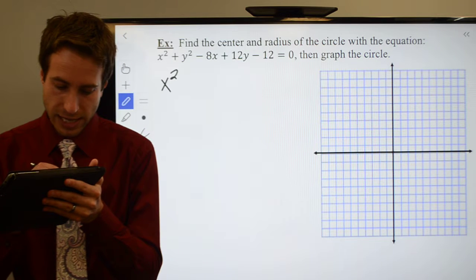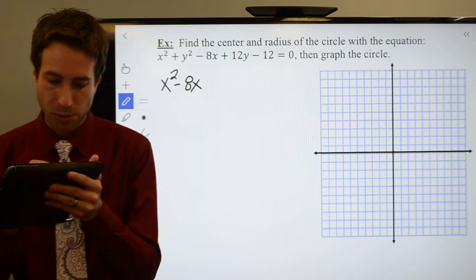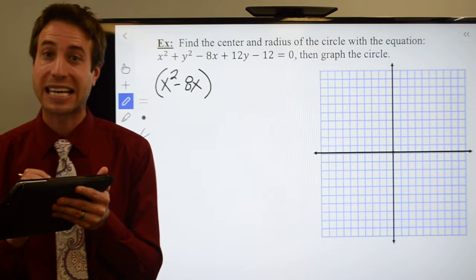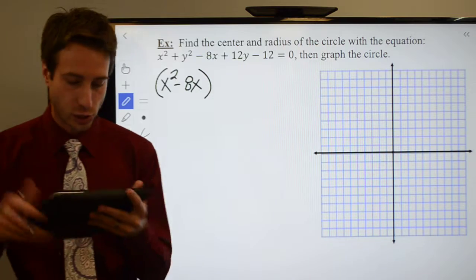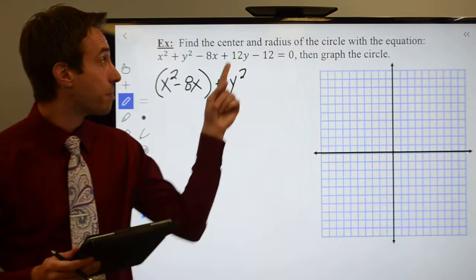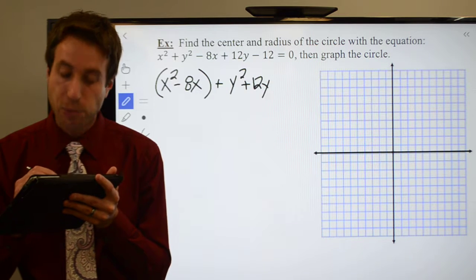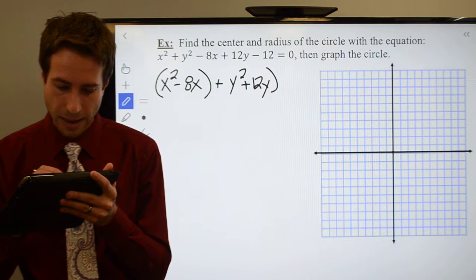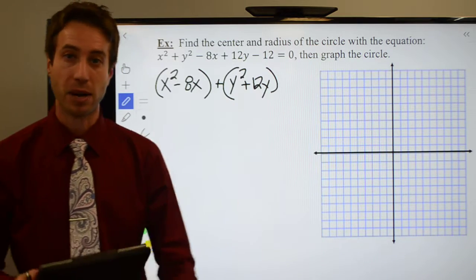So I'm going to put those together, x squared minus 8x, and I'm going to put them inside of parentheses, because I want to keep those x's together. Then I have a plus y squared, and I have a plus 12y, and I'm going to put those inside parentheses because they're my y's, and I want to keep them together.